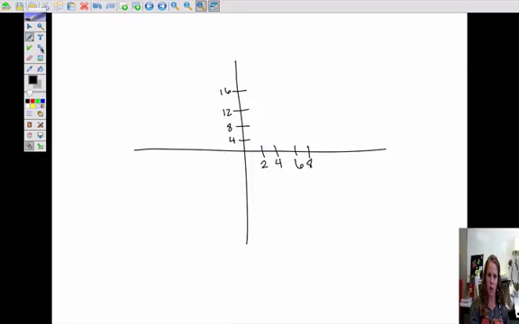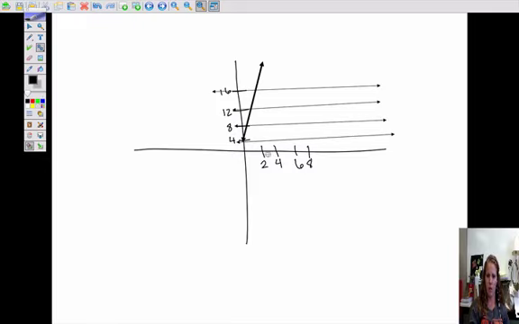Now if I draw a line here, and let's say I start at 4 and I go up like this, this is going to look a little different than before. It's going to be a different kind of situation, and one where we have to really pay attention to what's going on with the numbers and not necessarily just what's going on with the boxes.